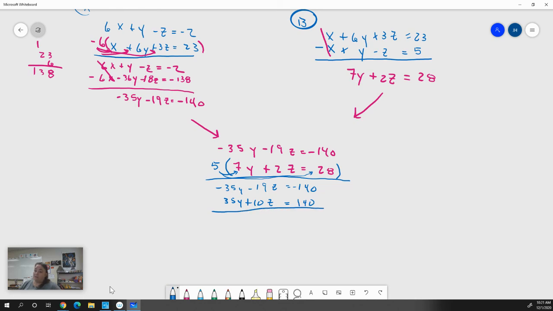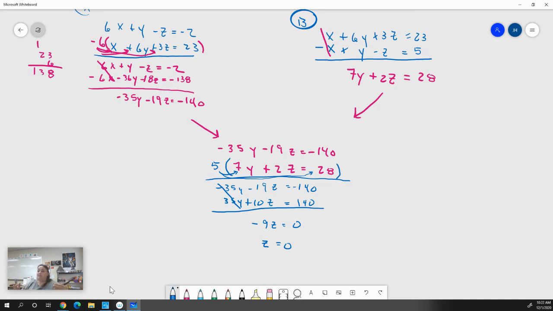So here's what happens when I add these together. Negative 35y plus 35y is just 0. So those go away. Here I have minus 9z plus 10z, which gives me negative 9z equals 0, right? Negative 140 plus 140. And then what I get here is going to just be z equals 0, right? Because I divide that by negative 9.